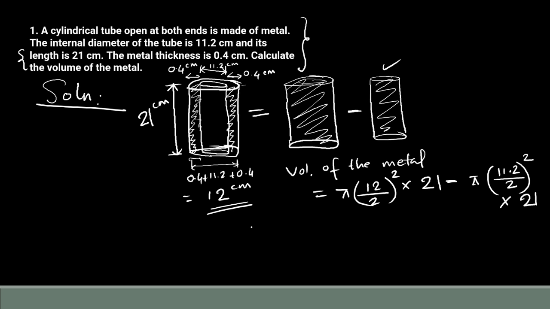21, right? So from here, pi and 21 are common on both sides. So this is 6 square minus (11.2 divided by 2) square.